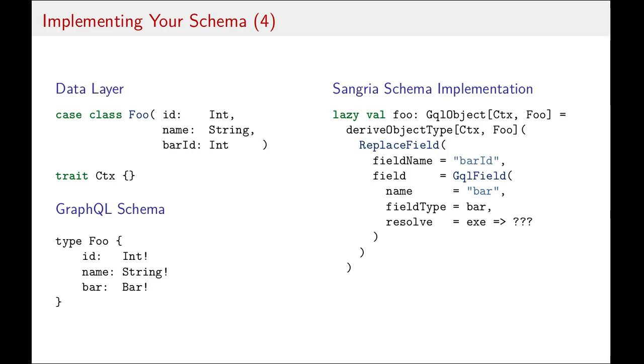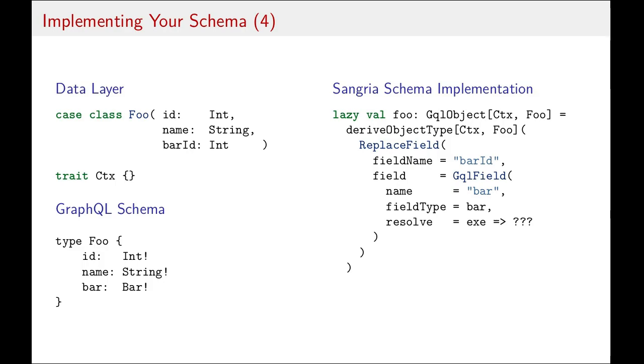And here is the resolve function. And that's kind of the meat of what goes on here. This is the adapter between our schema and the data layer. The resolve is a callback that gets passed the executor.